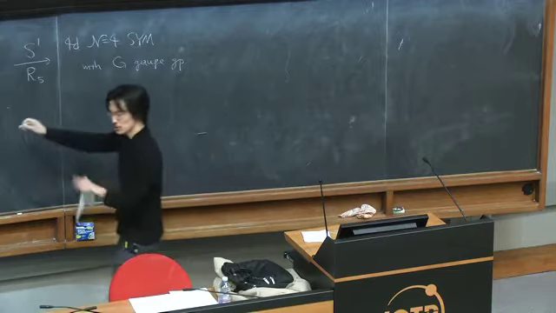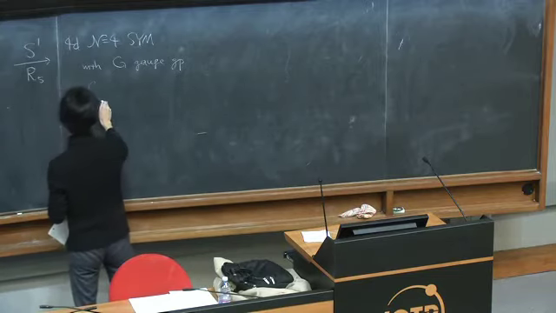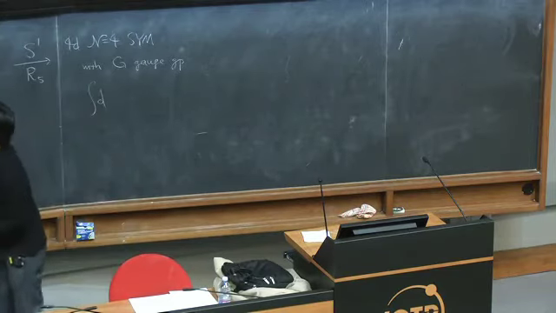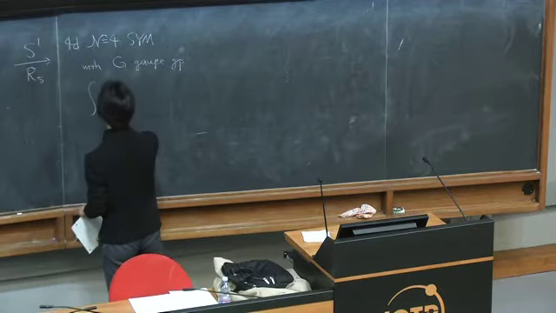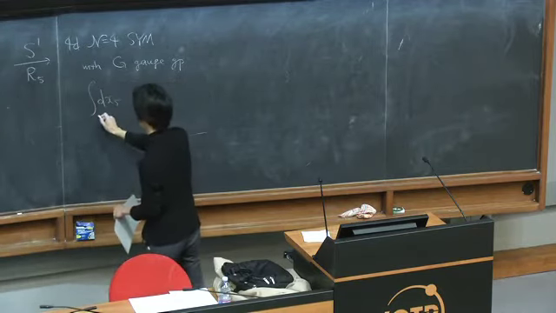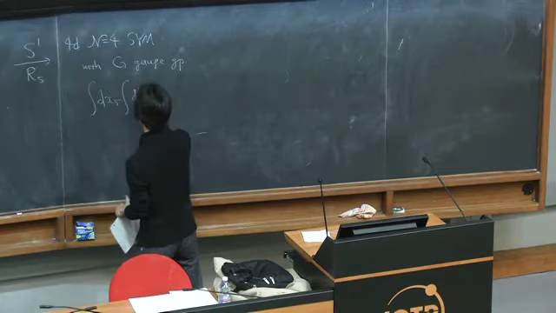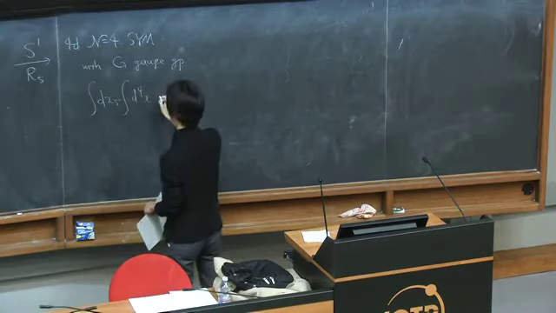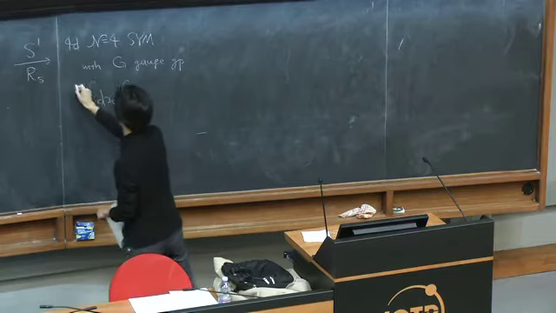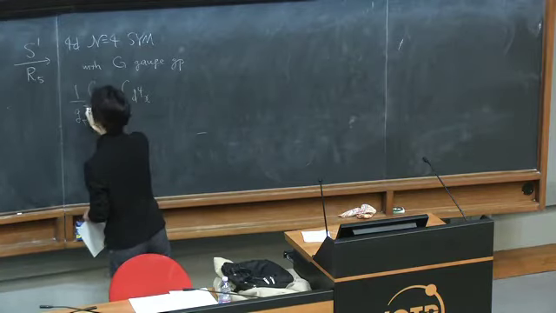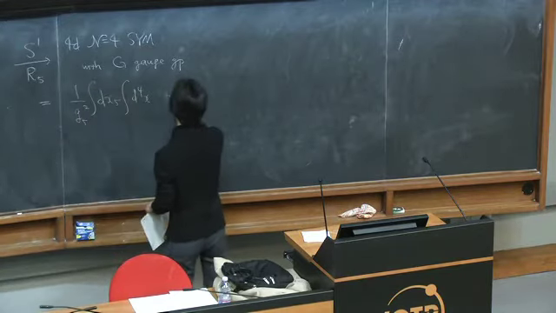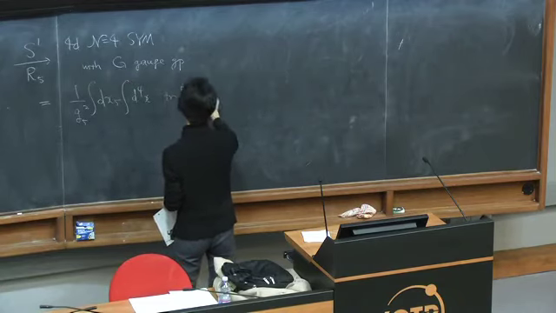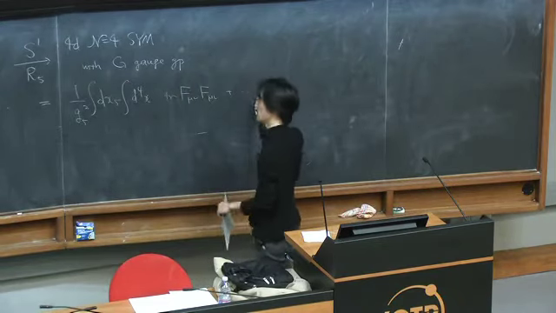As is usual in the Kaluza-Klein expansion, you decompose this 5-dimensional integral into the integration along the 5 direction and the rest of the 4-dimensional integral. And you have this 1/G5 squared, trace F_mu nu squared, plus dot, dot, dot.